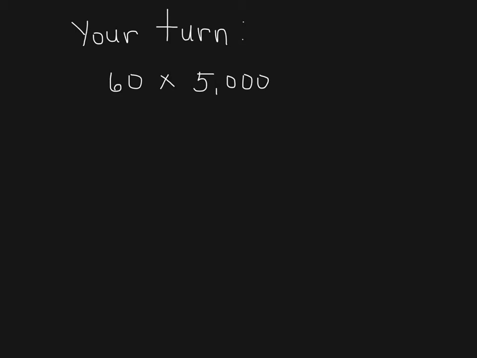Please use the associative property, break this apart into expanded form, rearrange the numbers so you're multiplying all the tens by each other and then the numbers that aren't tens together before multiplying the whole thing and figuring out exactly where your digits will be placed. Remember to rewatch any part of the lesson you need to so you feel as confident as possible before you take the Edpuzzle quiz.